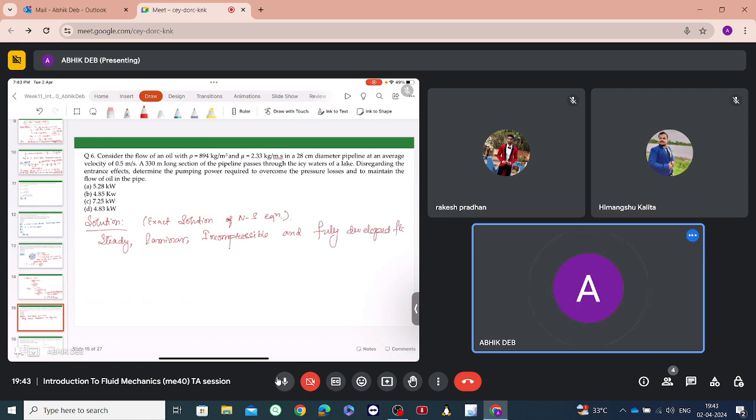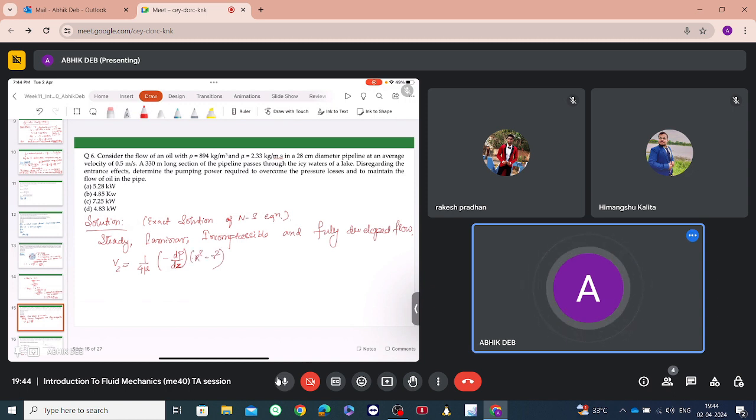So if we use these assumptions in the Navier-Stokes equation for flow through a pipe, then we will reach the condition, that is the velocity profile through the pipe as this: V equals 1 upon 4 mu into minus dp by dz, let's say z, into R square minus r square.